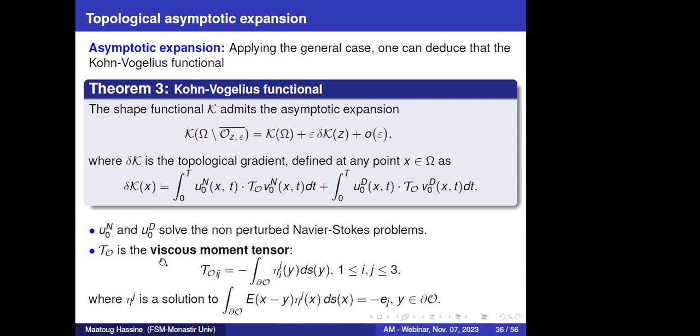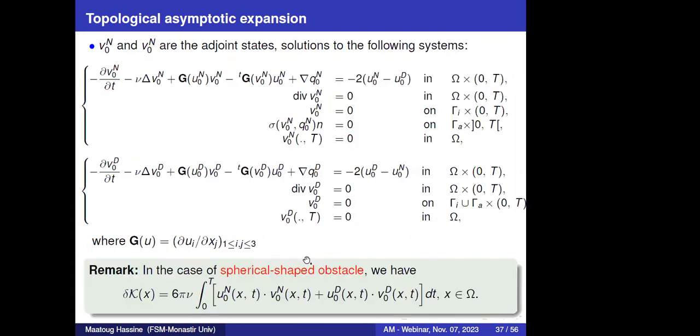T0 is the visco moment tensor, which is defined by this expression, where v0n and v0d are the adjoint state solutions to the following systems.